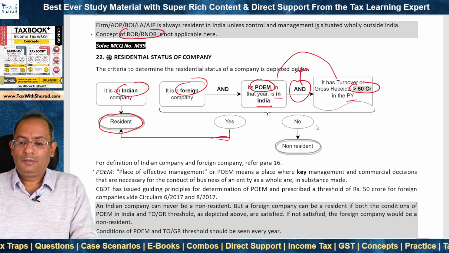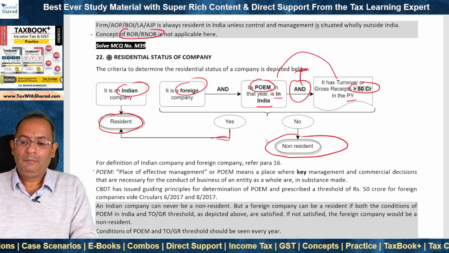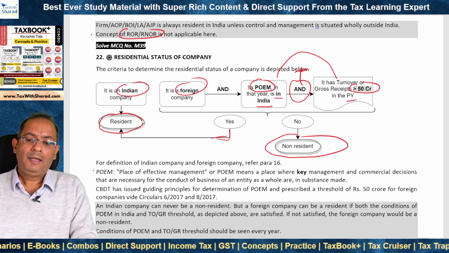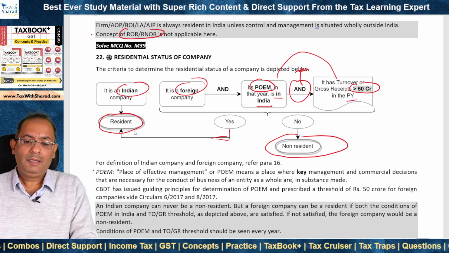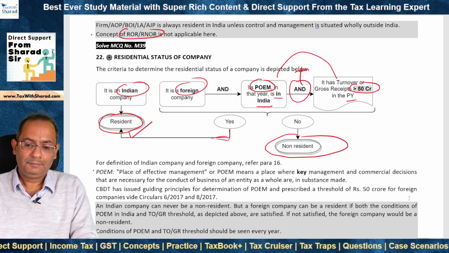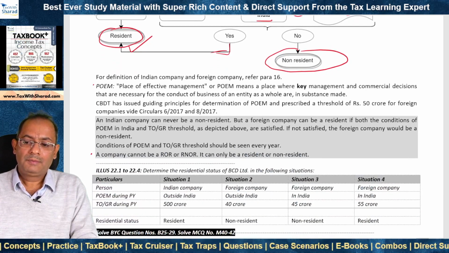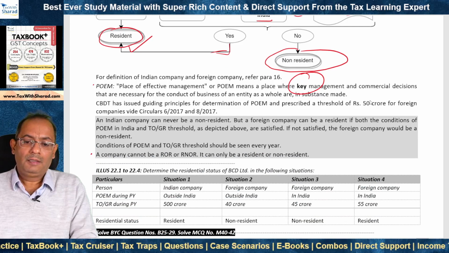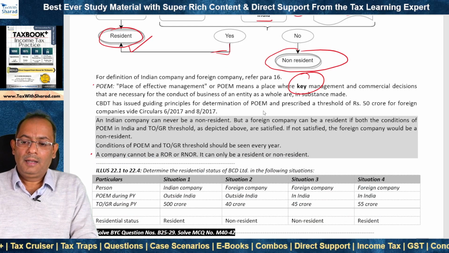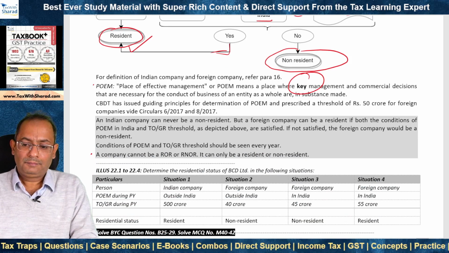If these conditions are not satisfied, then the foreign company will be treated as non-resident. An Indian company cannot be treated as a non-resident. It is always a resident in India. Place of effective management is basically a place where the key management and commercial decisions are in substance made.